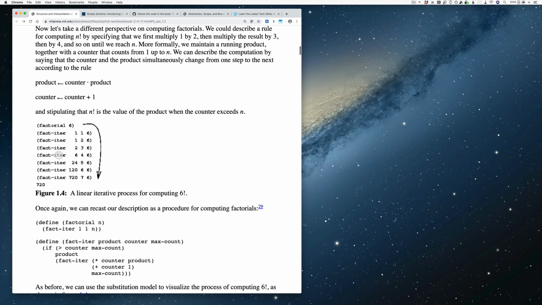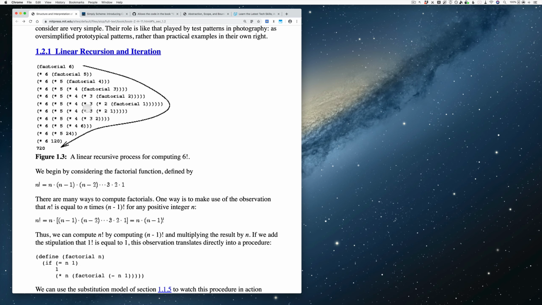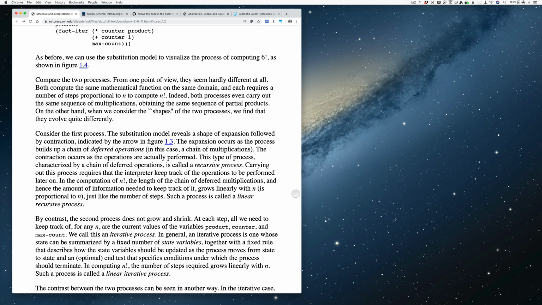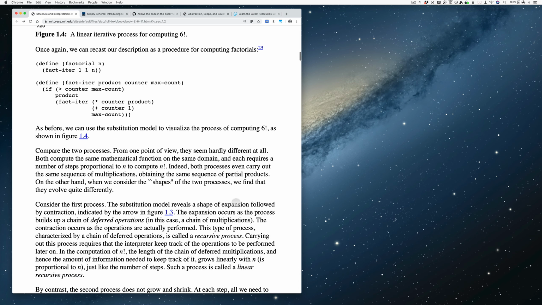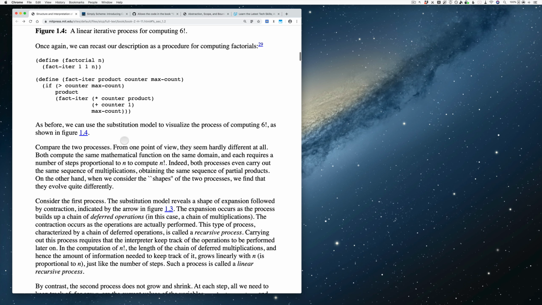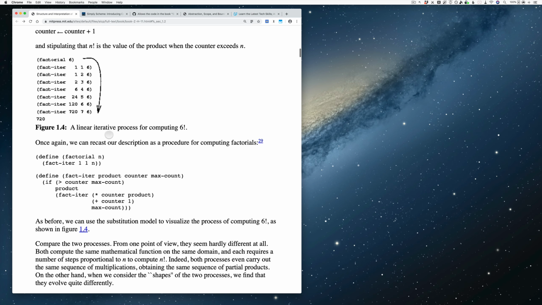So they're saying that this one is a linear recursive process, and this one is linear iterative, but this one has a procedure that calls itself. So I was like, oh, it's because I was calling this recursive, like they're calling this a recursive call.